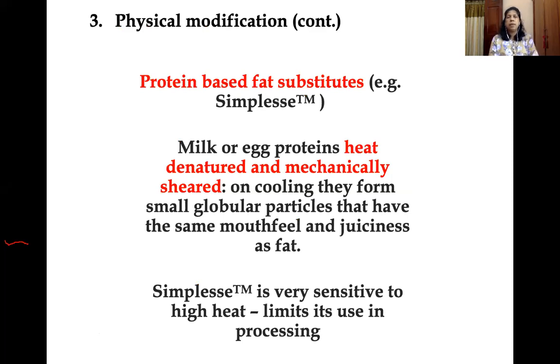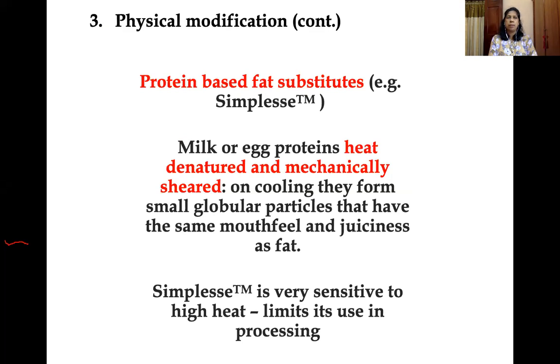Also there are protein-based fat substitutes. Simplesse is one trademark, where milk or egg protein is heat denatured and mechanically sheared. On cooling, they form small globular particles that have the mouthfeel and juiciness of fat. You can feel that milk and egg proteins get mixed together, so you will end up with these things.